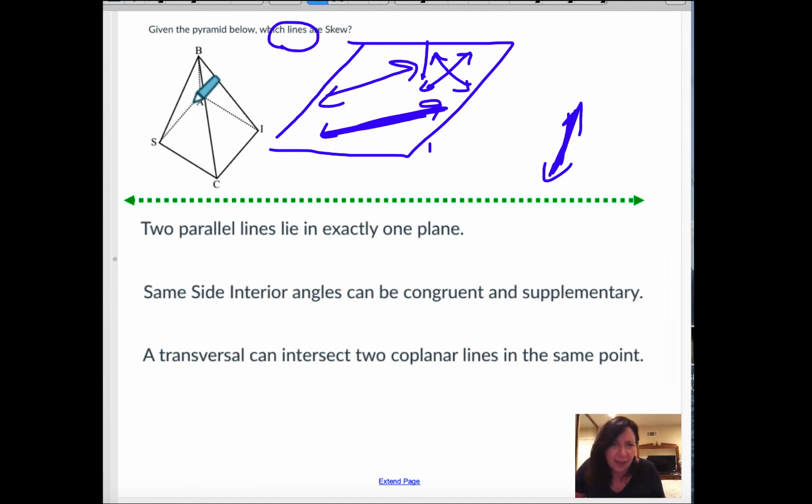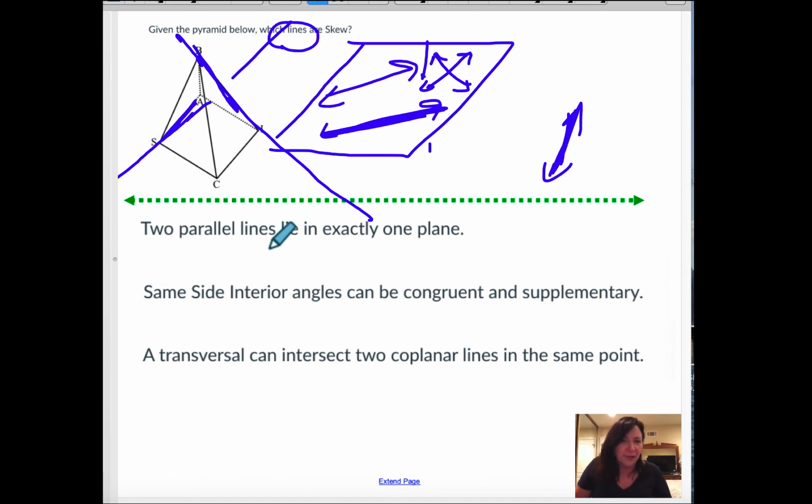I could say this line here and this line here on top. They are never going to touch. That line here is never going to touch this line down here. So those would be skew lines.